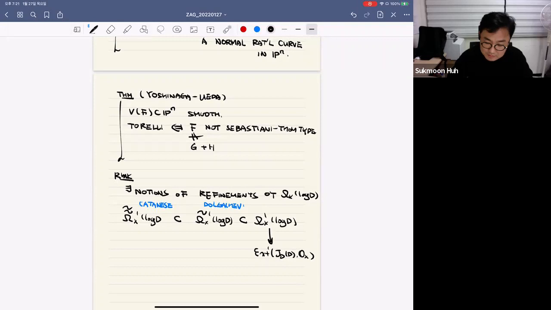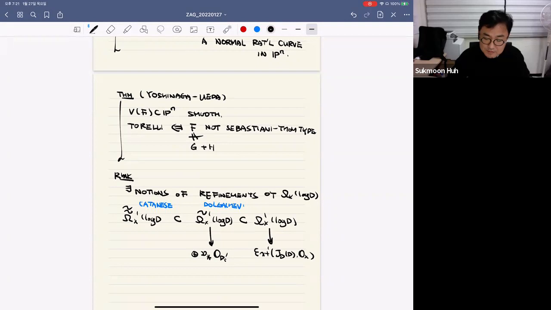And in fact, for Dolgachev, the Poincare residue sequence has a surjection from his logarithmic sheaf to the direct sum of u star O of D_i prime, where u is the map from D_i prime to D_i, the resolution of the divisor D. So here, recalling that our divisor for the logarithmic sheaf is just a reduced and effective divisor, we don't have to assume that they are simple normal crossings.